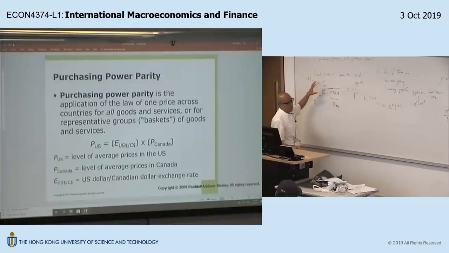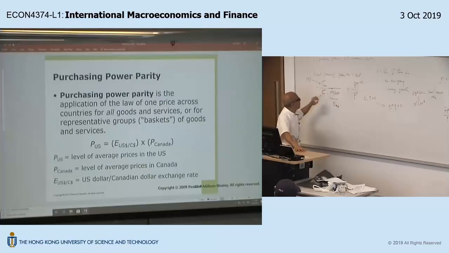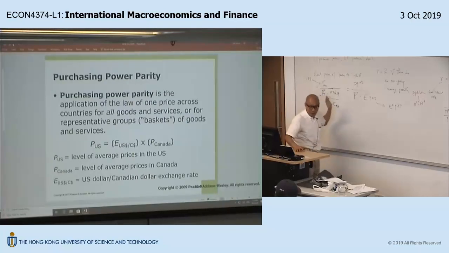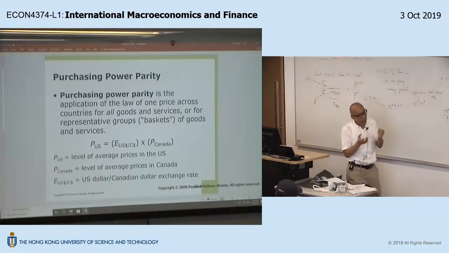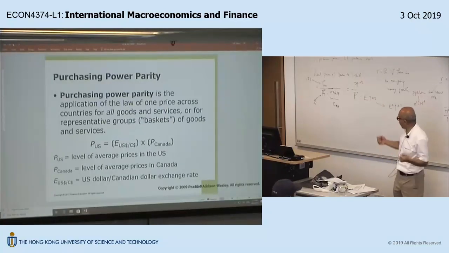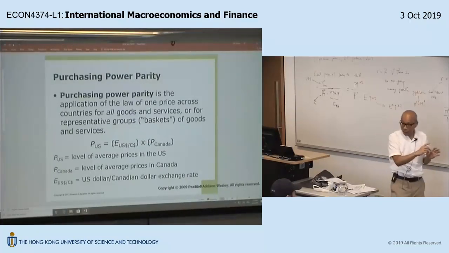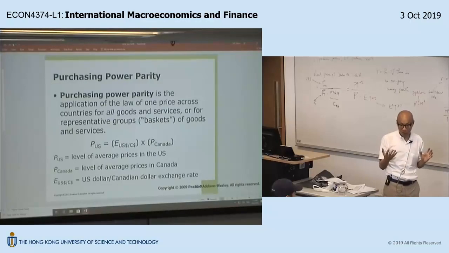For this to be true, the real exchange rate would have to be 1, but we have no reason to believe that. But we can say, what if this is just a constant? Maybe in the long run, this is going to be a constant, and that can serve as a model for the long run equilibrium.